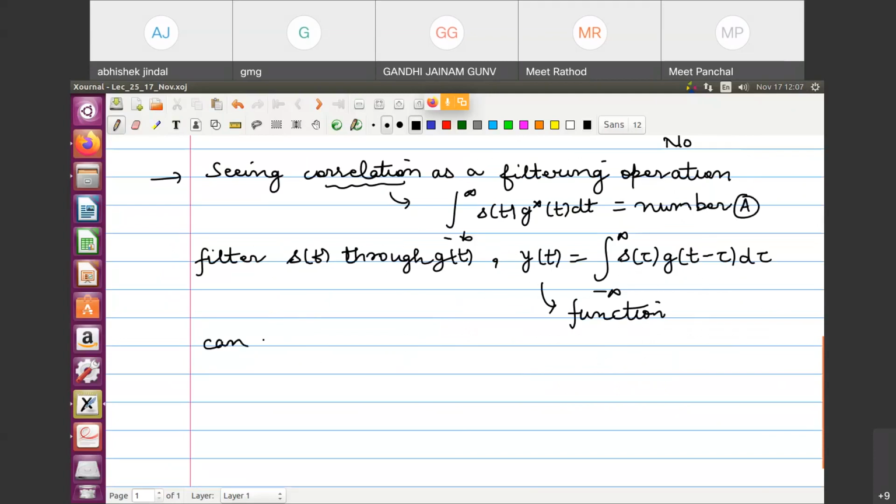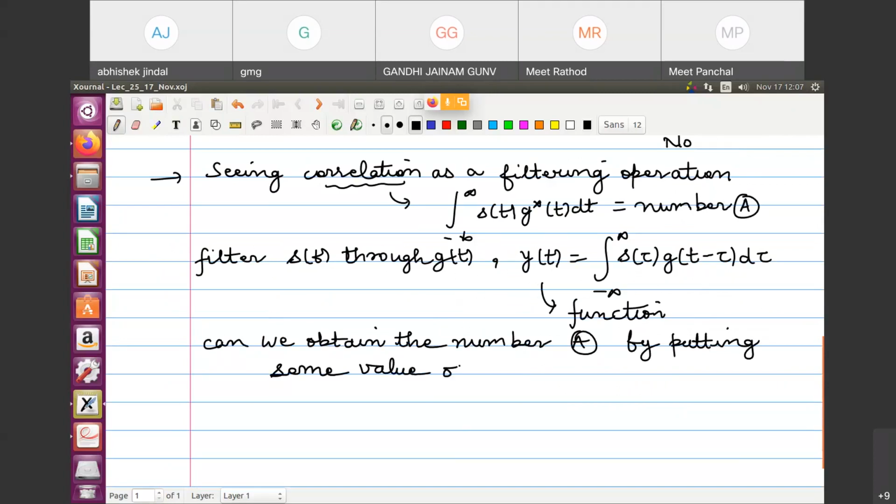Can we obtain the number a by putting a particular value of t in y(t)? How do you do that?